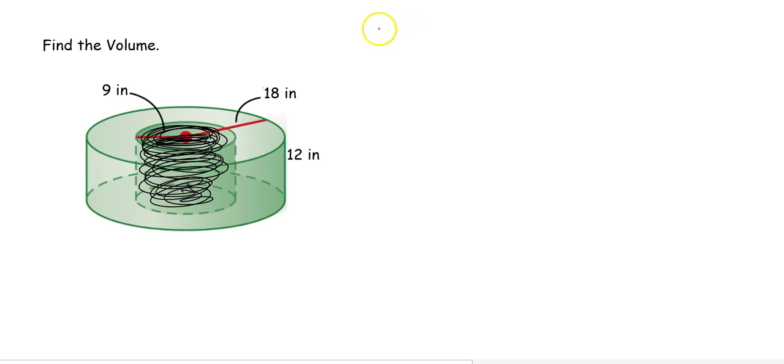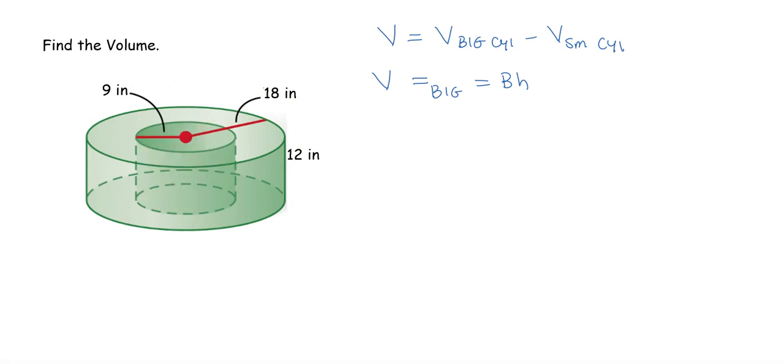So our plan of attack here, the volume of our composite shape is the volume of our big cylinder minus the volume of the small cylinder. The cylinder shape, the volume of our big one, is base area times height. So if I look at the big cylinder here, the base is a circle, so the base area is pi r squared times the height of the cylinder.